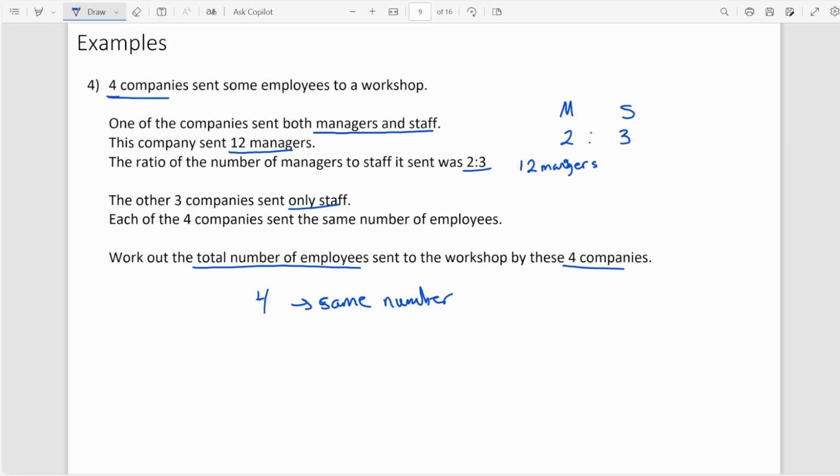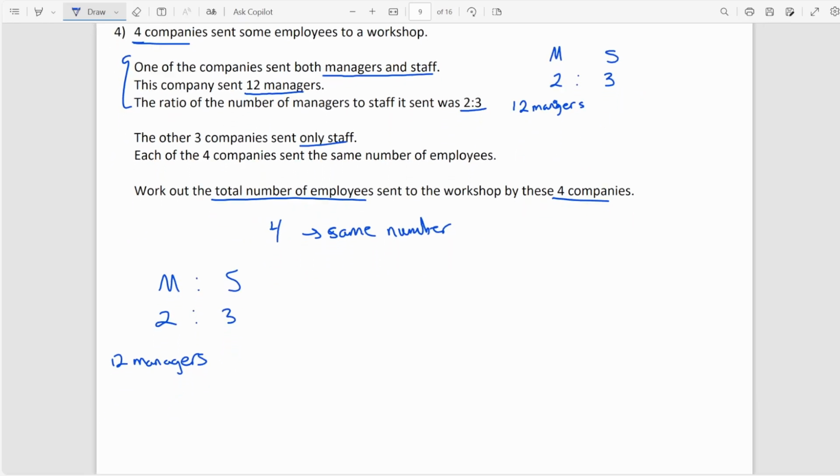Now we have a clue about one of the companies, where we were told that the managers to staff ratio was 2 to 3 and we sent 12 managers. So we actually have the number of managers. Now we can use that to find how much one part represents.